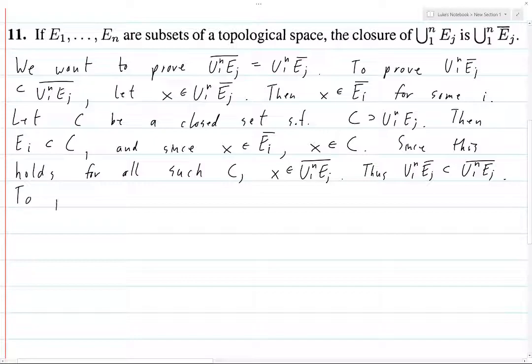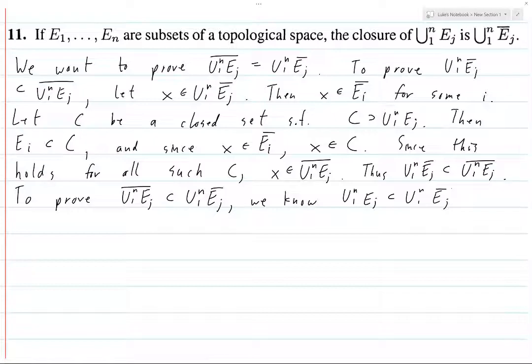Alright, so that's one direction. And to prove that the closure of the union is contained in the union of the closures, well, we certainly know that the union from 1 to n of E_j is contained in the union from 1 to n of the closure of E_j, because obviously every set is contained in its closure.